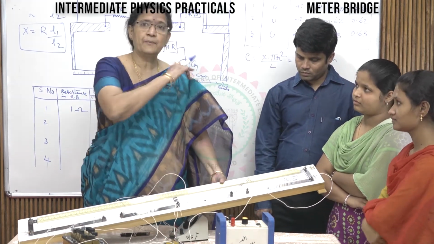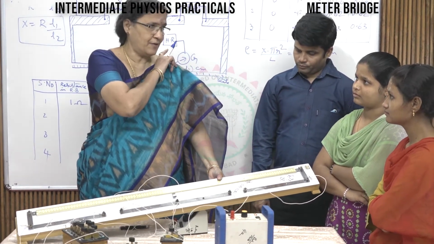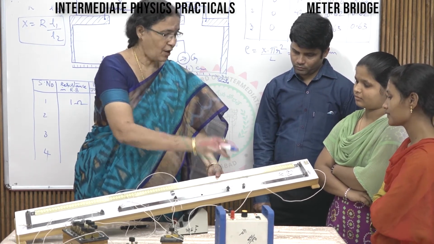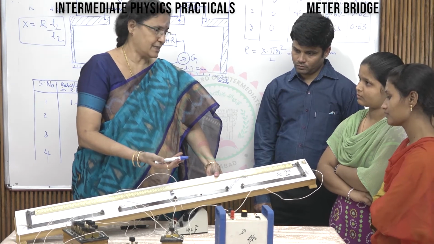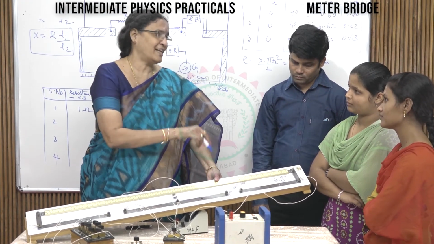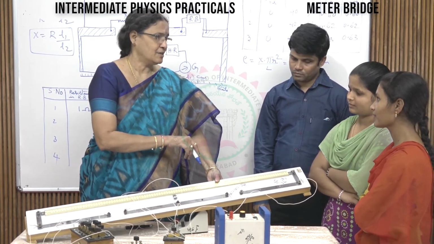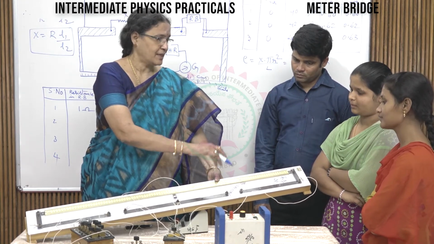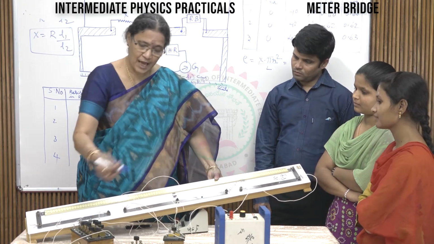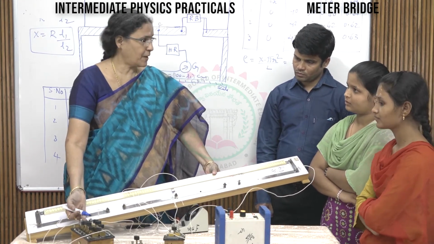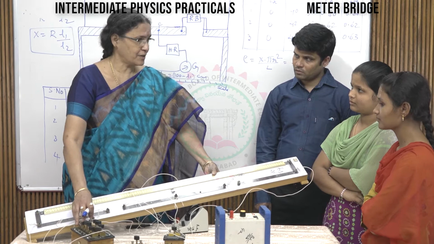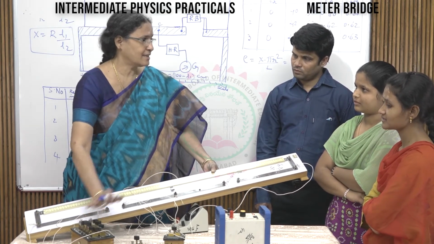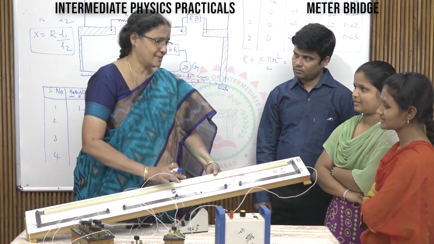Firstly, to determine the specific resistance of the given wire. This is the given wire, nichrome wire I said. In order to find the specific resistance, first I should know the resistance of this given wire. So my first attempt is to find the resistance of this wire. This is unknown resistance, but I'm sure how much resistance I'm applying from the resistance box. So this is the known resistance, and this is the unknown resistance.